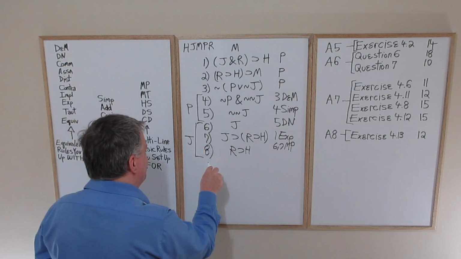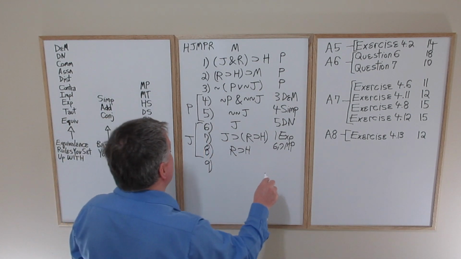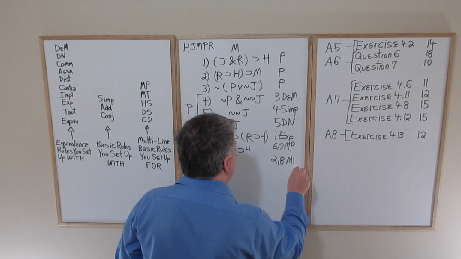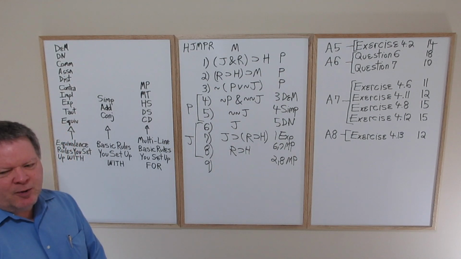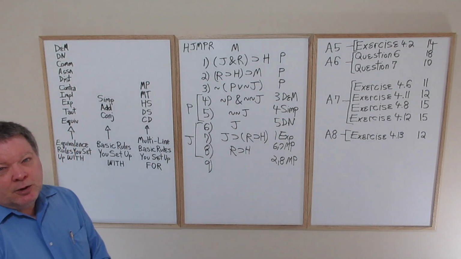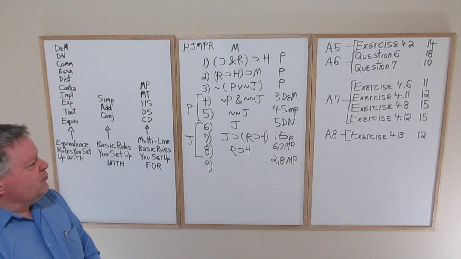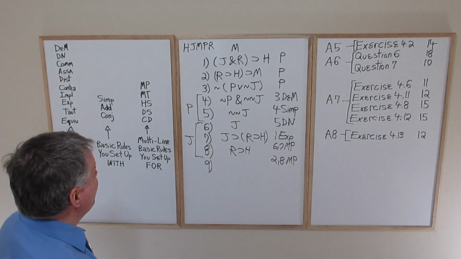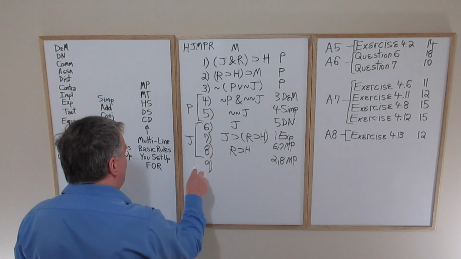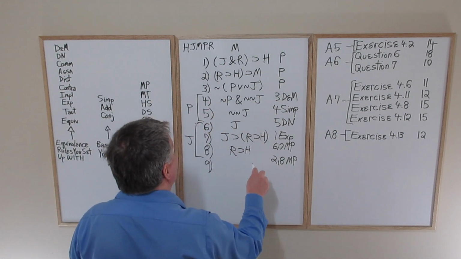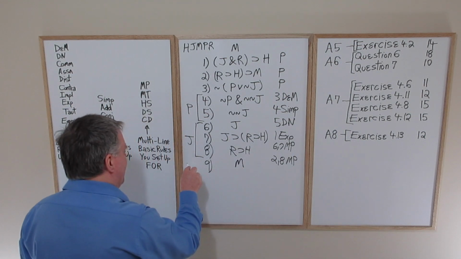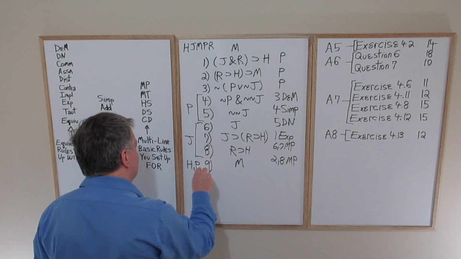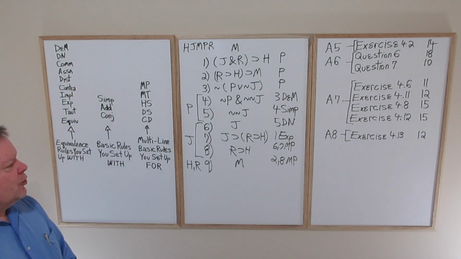So there's our J stage, and 2, 8 modus ponens is our first example of something that occurs reasonably frequently, and whenever it does occur, it's kind of a helpful bonus. What we have when we do 2, 8 modus ponens to get M is a double stage, so to speak.